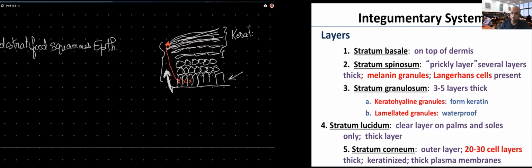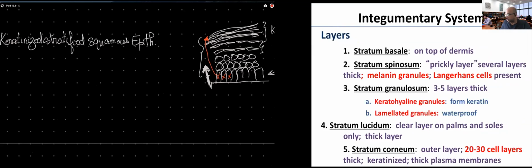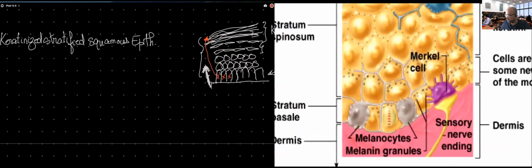If we're looking at the layers of the epidermis, we've got the stratum basalis. Stratum means layer, and basalis means basal. So I have the basal cell layer here at the base.